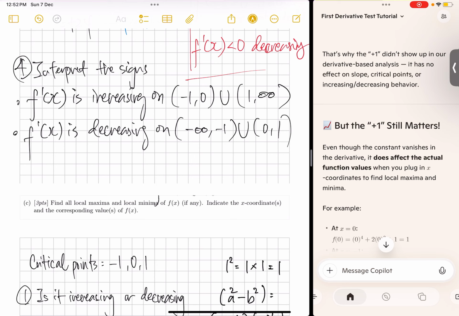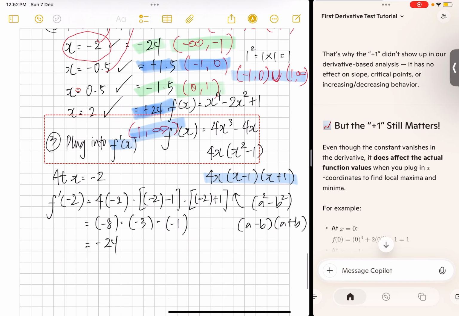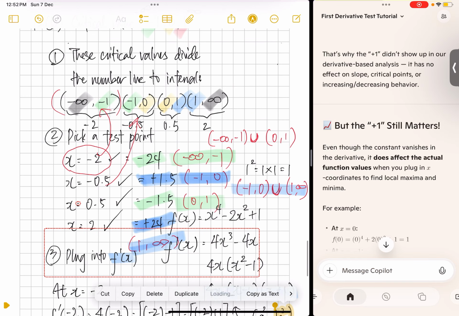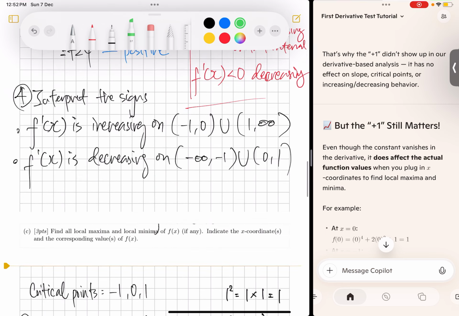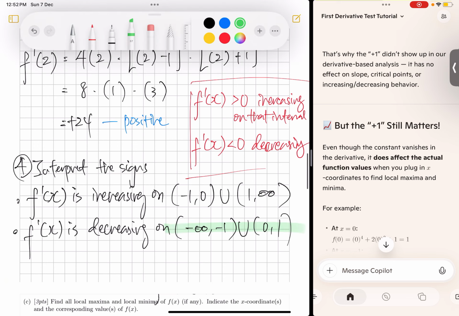And then the one that is decreasing is the one that produced the negative values, which is negative 24, negative infinity, comma negative 1, and then negative 1.5, equals 0, comma 1, and then this. So these two have a relationship, and these two are the ones that are decreasing. That's why they are here. I hope that makes sense.